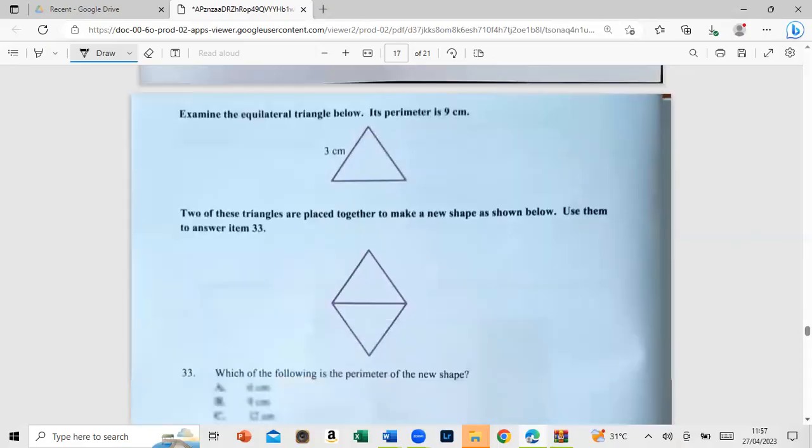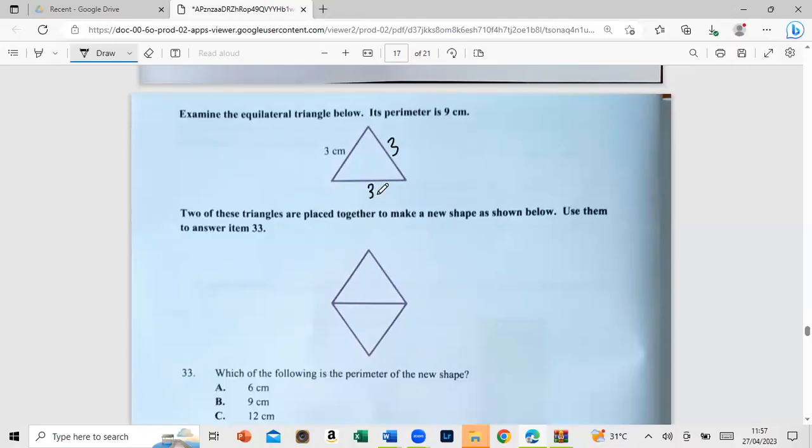Examine the equilateral triangle below. Its perimeter is 9 centimeters. Two of these triangles are placed together to make a new shape as shown below. Use it to answer item 33. I appreciate these questions. Alright, so if it's equilateral, that means all 3 sides are the same length, all 3 angles.